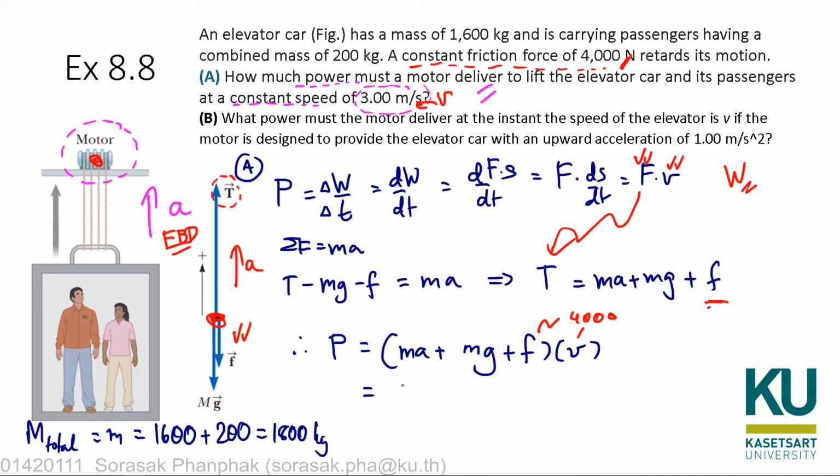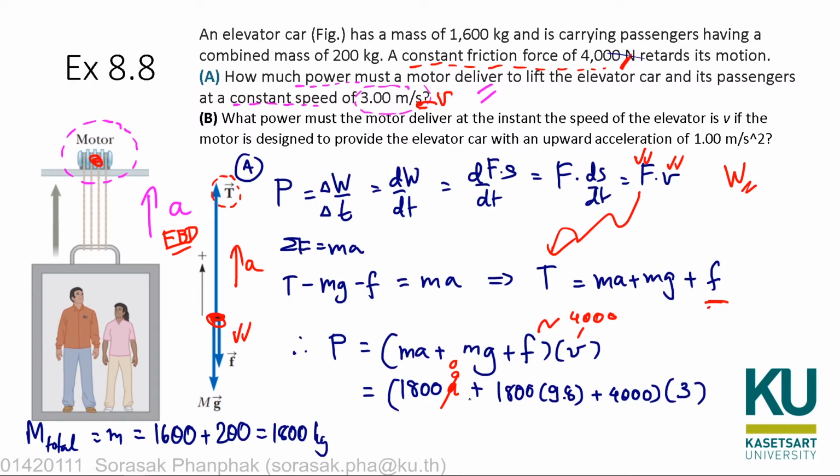So you sub all the information in: 1,800 as the total mass, multiplied with acceleration. In this case, it seems there is no acceleration initially, so a is 0. Lucky me. And m is 1,800 with g 9.8, with friction 4,000, and v is 3 meters per second.